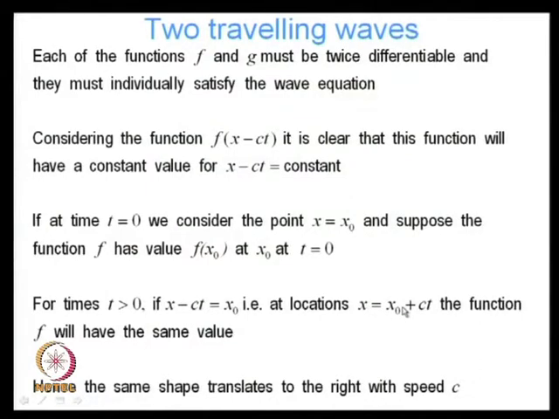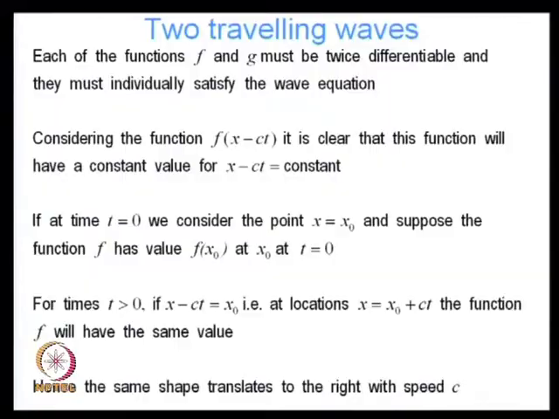So that means it is moving to the right because x is increasing. The information at f of x0 is getting propagated to the right with the uniform velocity of c. That is why this equation is known as the wave equation.